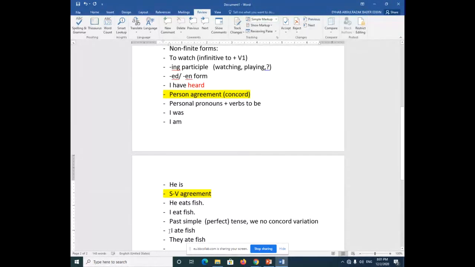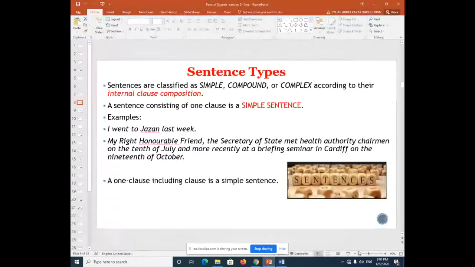I had eaten fish and they had eaten fish. So we say that past perfect and past simple both have no concord variation. Okay? Clear? So it is good to keep that in mind. Okay, so let's go back and continue.